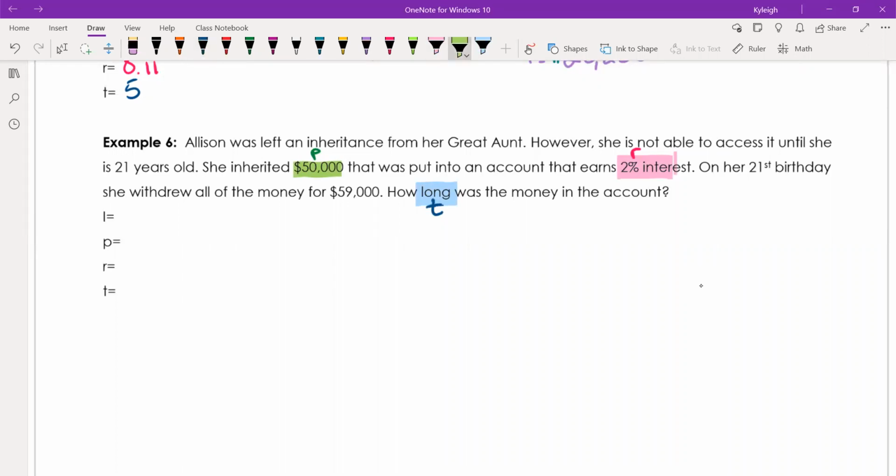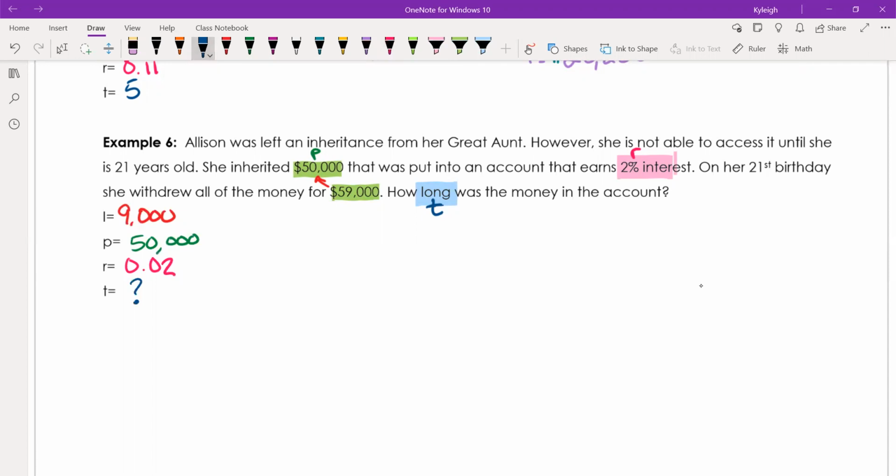Well, when we took it out, it was $59,000. When we put it in, it was $50,000. So how much money did we make? Our interest was $9,000, right? Because we did 59 minus 50. Our principal was that 50,000, and our rate is 0.02.